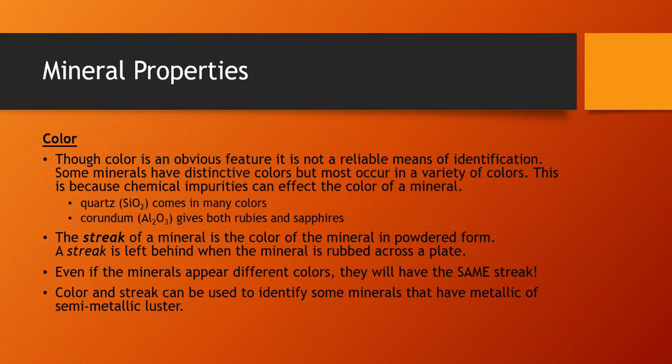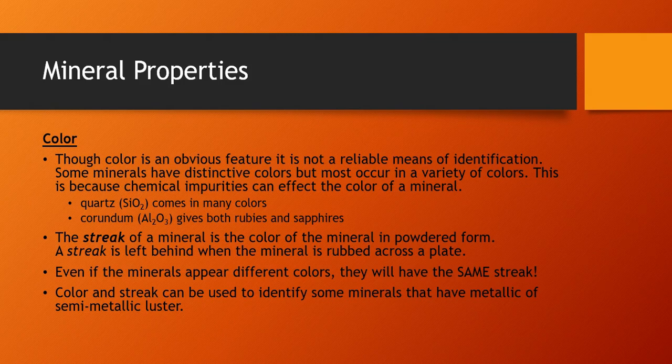Another obvious property is color. And though it is something very obvious that we see every time, it is not very helpful in distinguishing what particular mineral you have, or identifying minerals. This is because you can have small chemical impurities in particular minerals that will in turn generate very different colors.